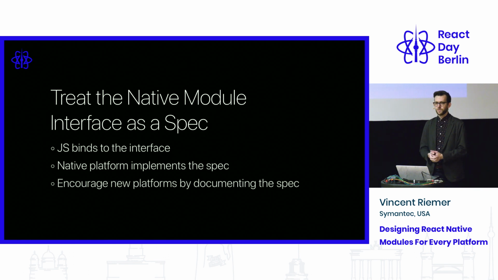To make it even easier for other platforms as they come up to support your module, you can encourage that by really defining that specification. It becomes a lot easier as a platform developer to support other modules when the behavior and the native interface are well defined.